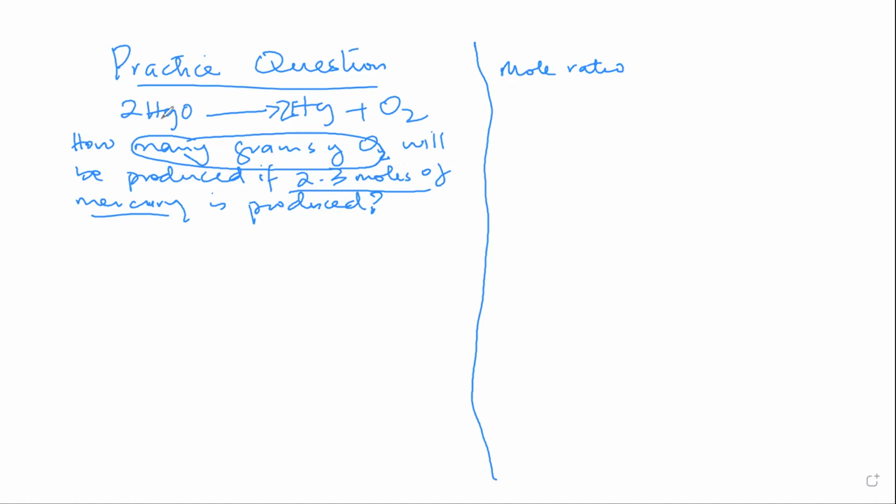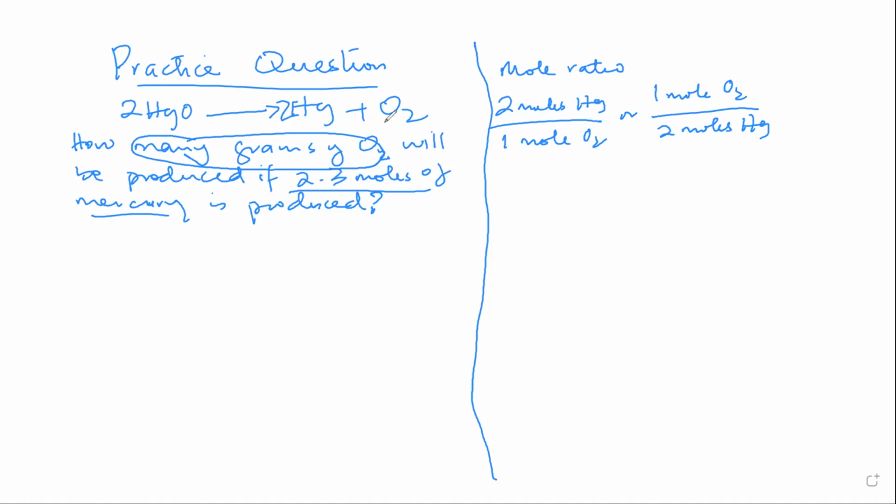So the mole ratio will be 2 moles of mercury over 1 mole of oxygen, or 1 mole of oxygen over 2 moles of mercury. With this, we can go from moles of mercury to moles of oxygen.